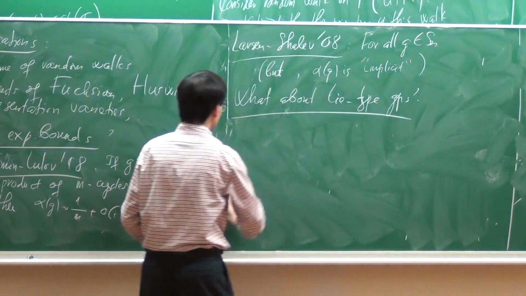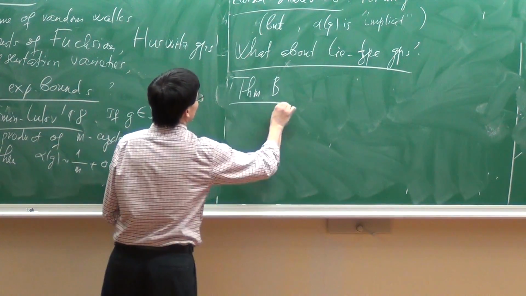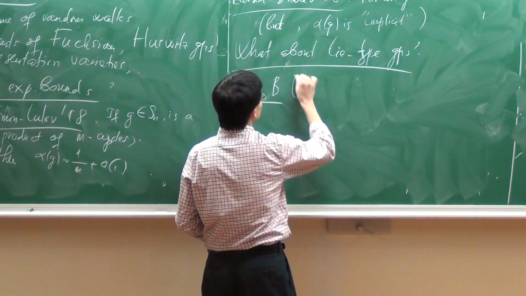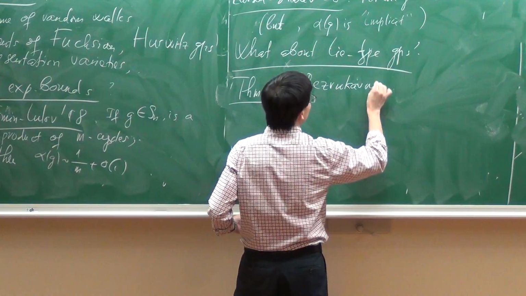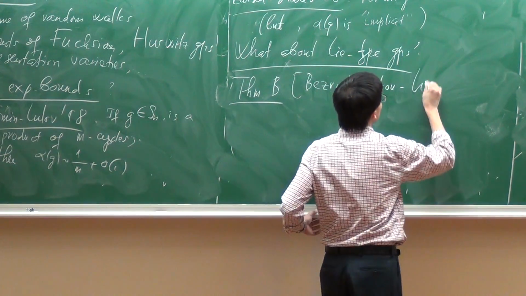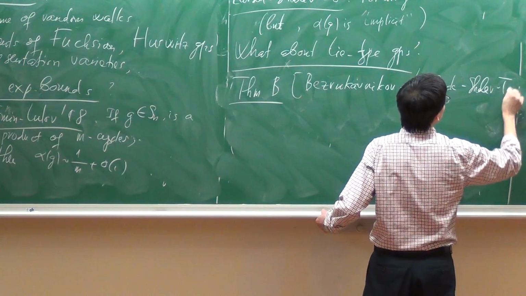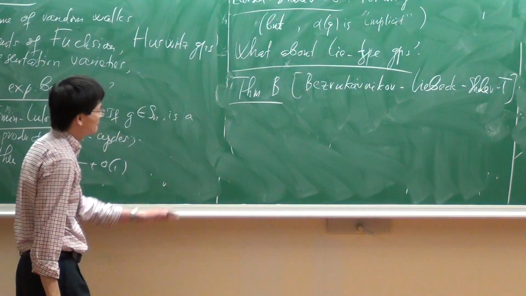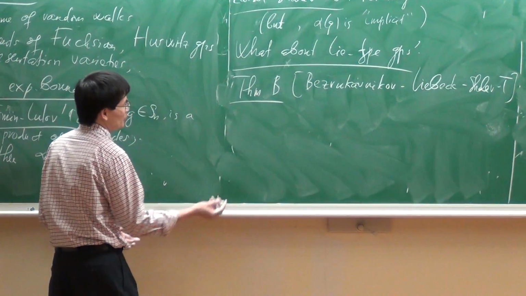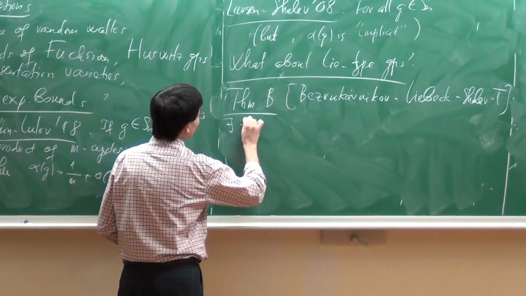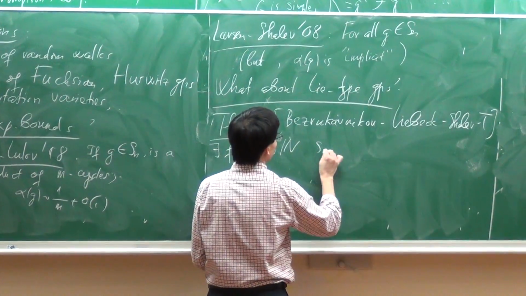Okay, so here's Theorem B, which is due to Larsen, Shalev and Tiep. This theorem is kind of long to formulate, so let me put it in the right way. There is a function f from N to N, and we have the following property.